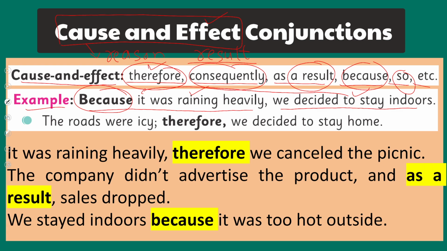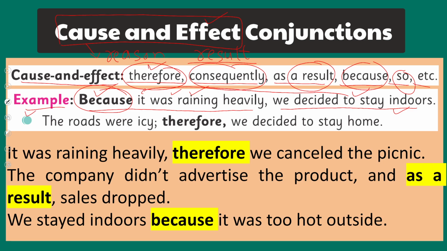So since it was raining heavily and we didn't go out, we decided to stay indoors. So staying indoors is the effect of raining, which is the cause. So raining causes them to stay indoors, which is the effect. So for showing this cause and effect, we use the word because. Because shows us the reason and it connects us with the effect as well.